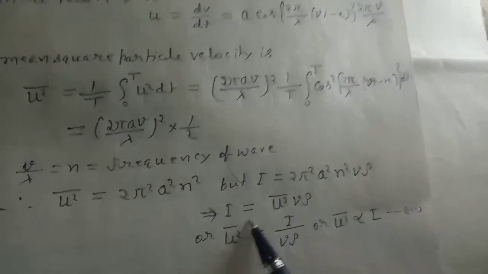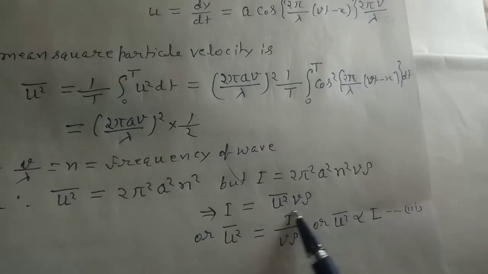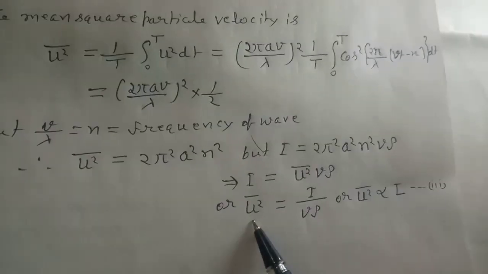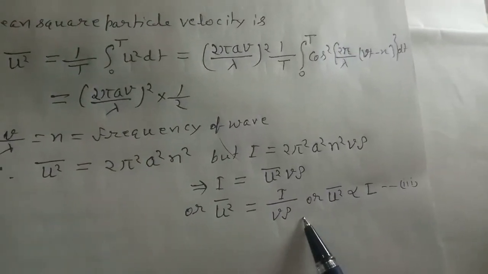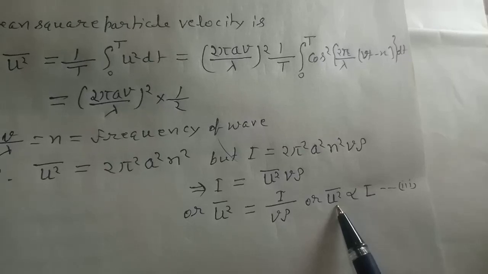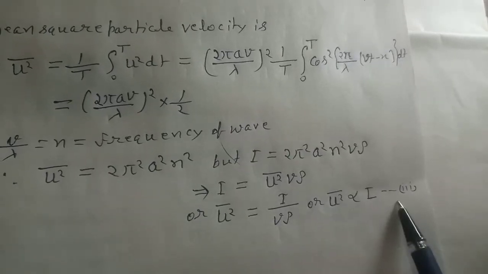Hence using this value, I equals U² bar times v times rho, or U² bar equals I/(v rho). Thus U² bar is proportional to I. This is equation 3.